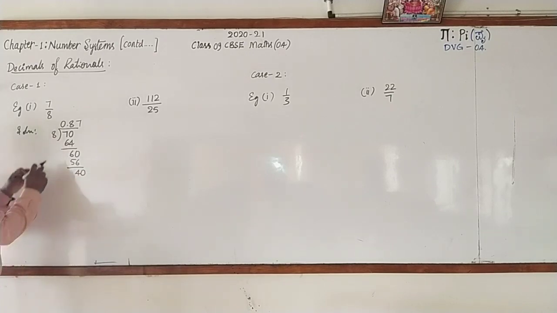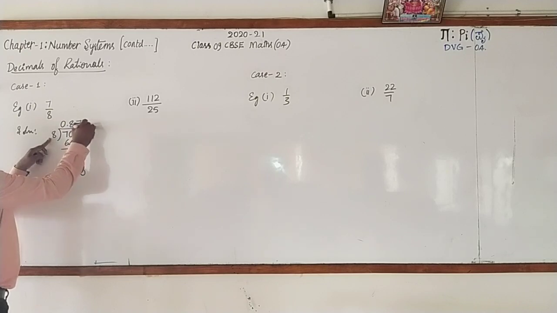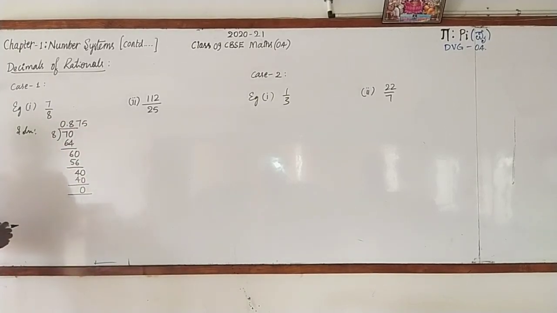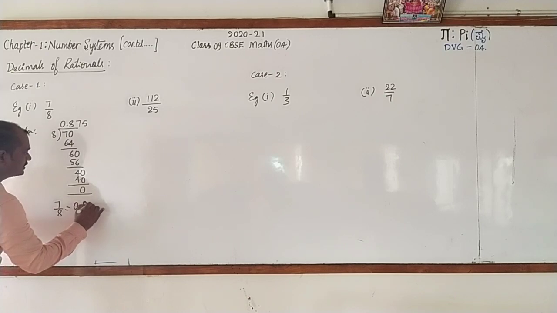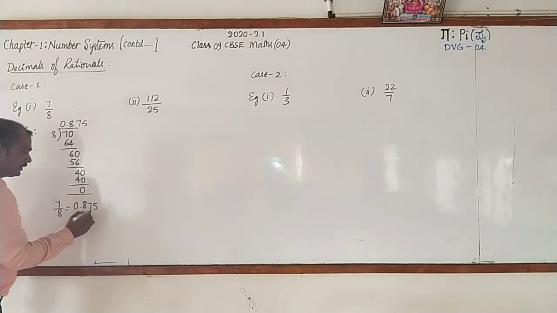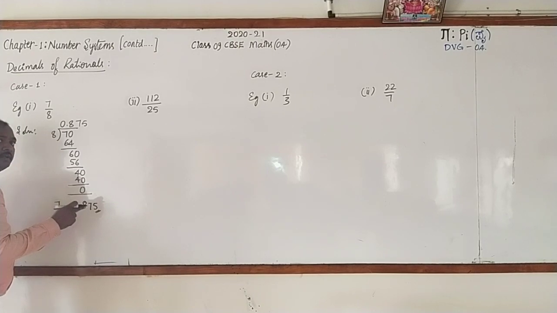Again take 0. Then 8 fives are 40. So observing, the remainder is 0. Then what is the decimal expansion of 7 by 8? It is 0.875. Now, what type of decimal expansion is it? Here there is a countable number of digits in the decimal part. Therefore, it is a terminating decimal expansion.